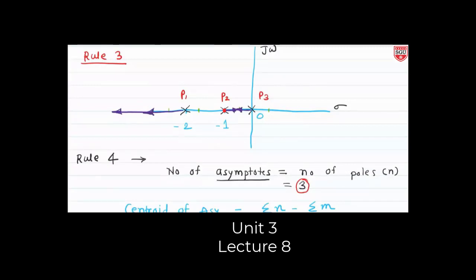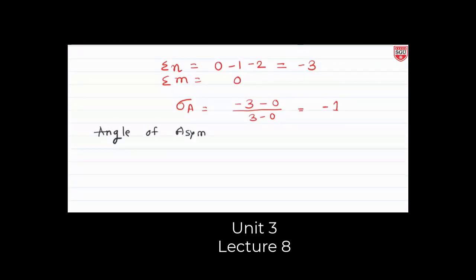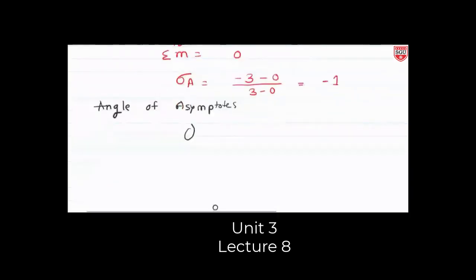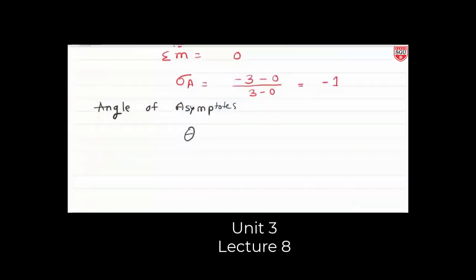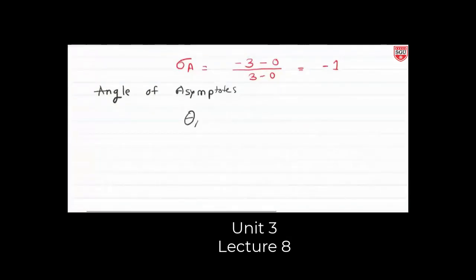For that also we have seen one formula. Remember this formula. It is called the angle of asymptotes. It is denoted by theta A, in degrees, which is equal to (2q plus 1) into 180 degrees divided by n minus m.